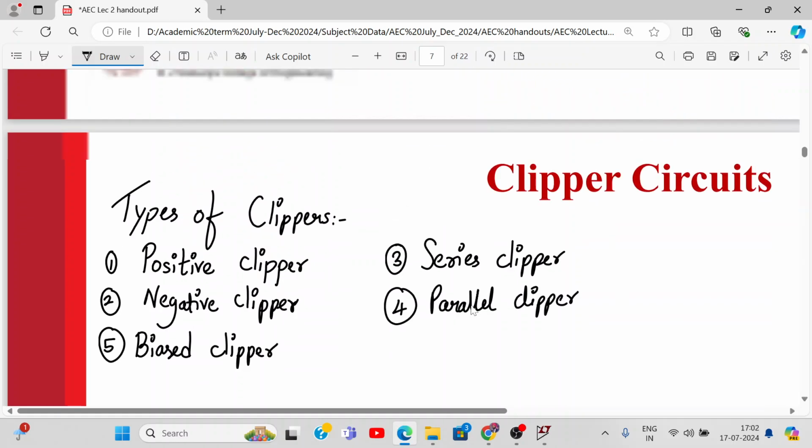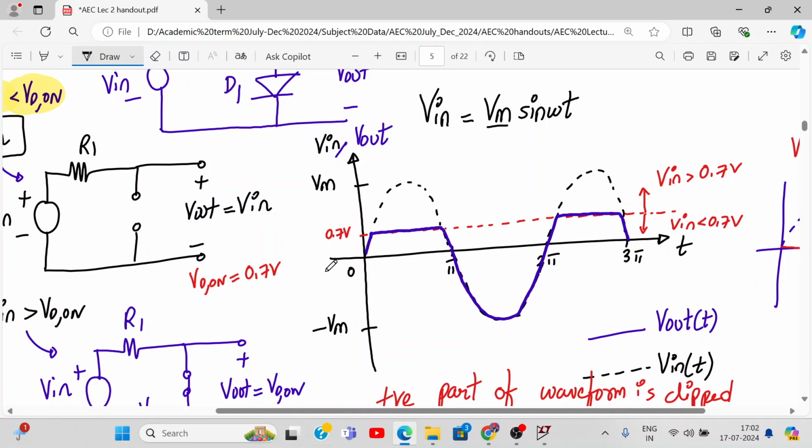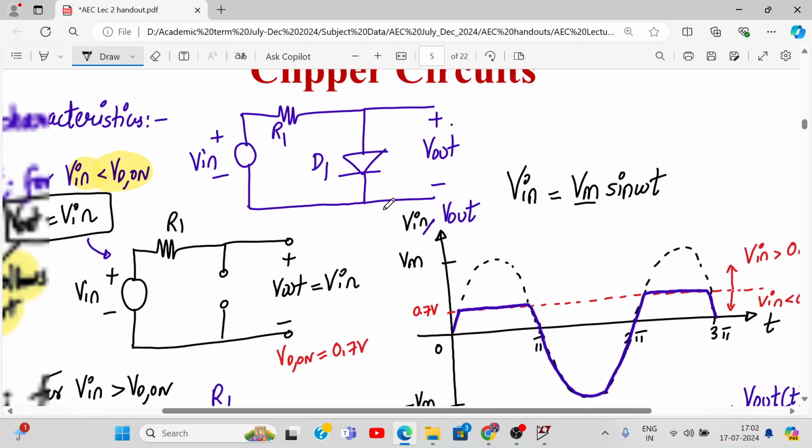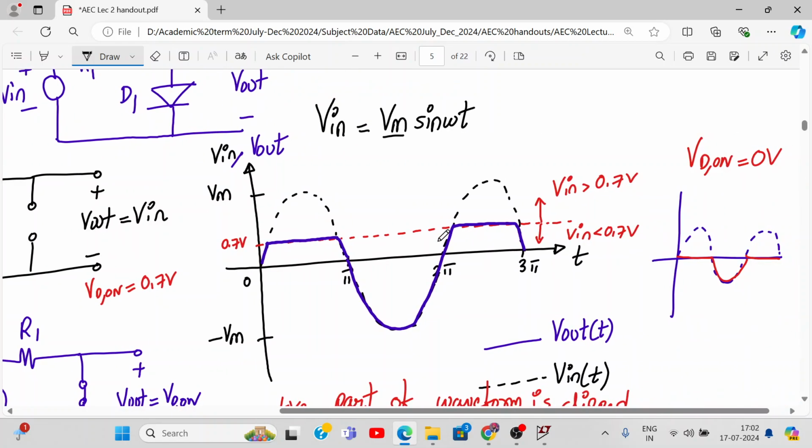Let's say in the circuit, I don't want 0.7, I want 1.7. So I'll add a battery in series with the resistor or the diode, depending upon the circuit. This red line is called the clipping level.